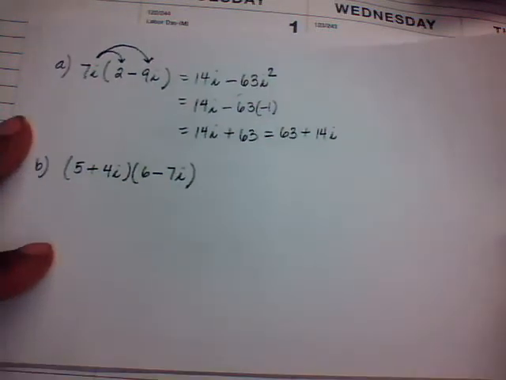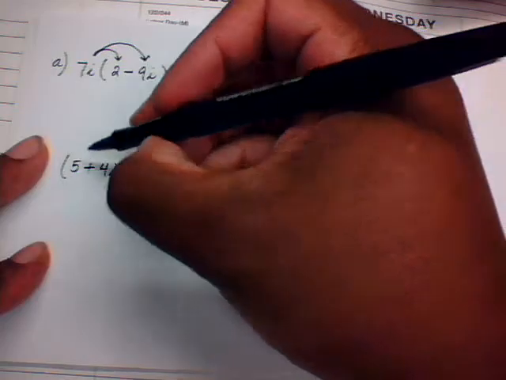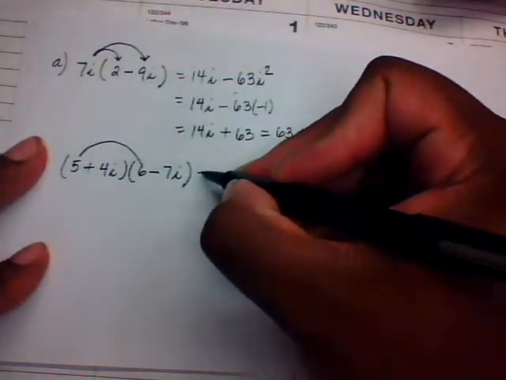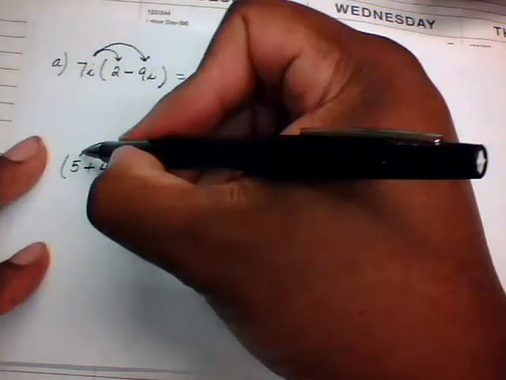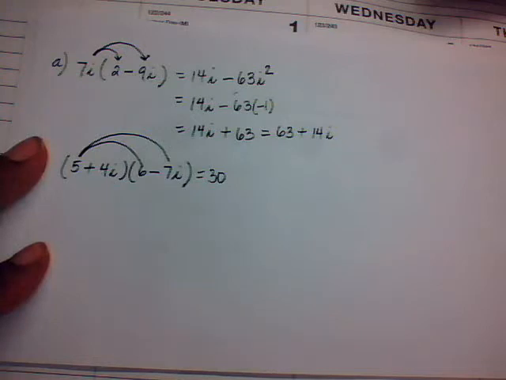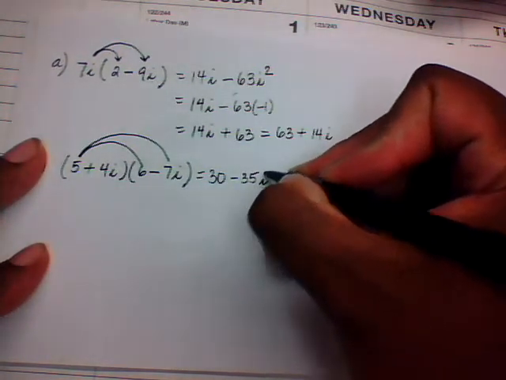Now, part B, we got 5 plus 4i times 6 minus 7i. And in this case, we want to multiply those two complex numbers together. And to do that, we're going to have to use the FOIL method. And the FOIL method is this. We multiply the first terms, that's 5 times 6, which is 30. And then the outer will be 5 times minus 7i, which will be minus 35i.